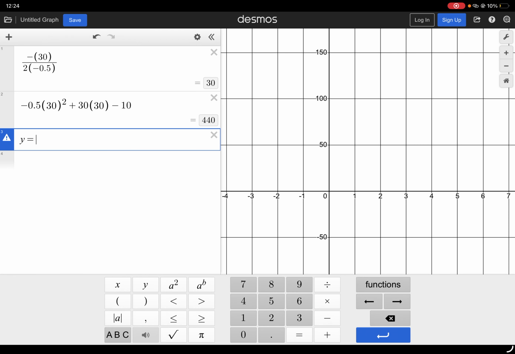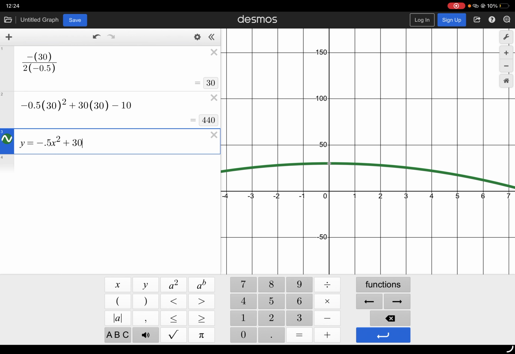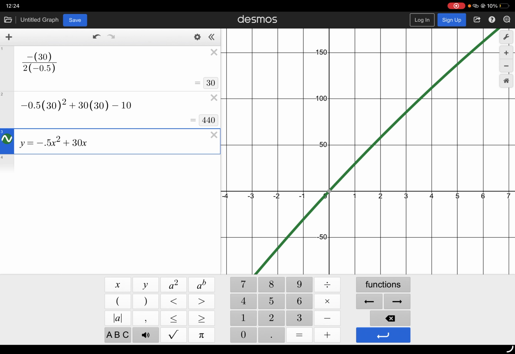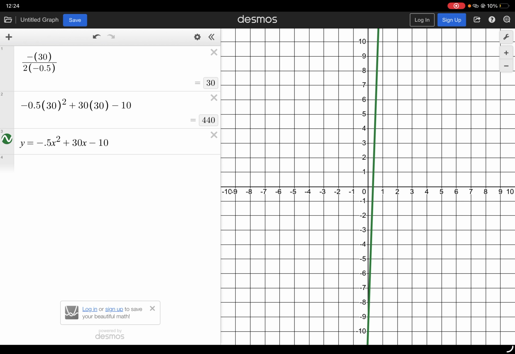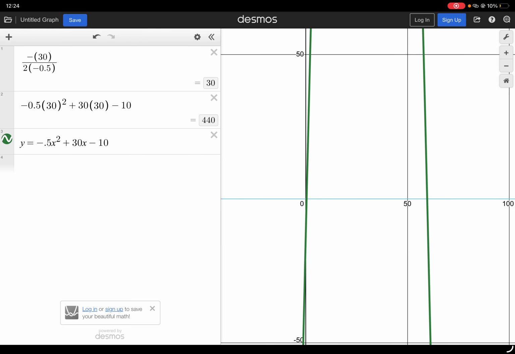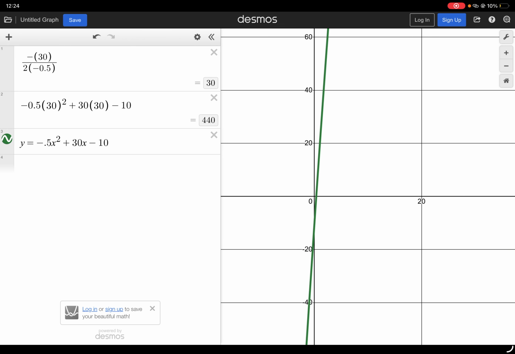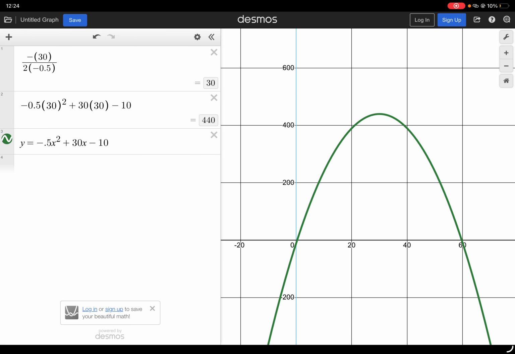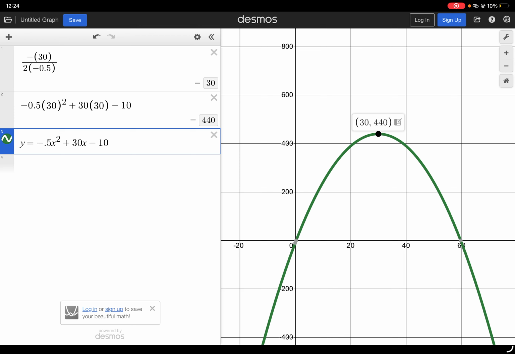Y equals negative 0.5 x squared plus 30x minus 10, and zoomed out vertically, you could have found the vertex, which is what we're looking for. We're just simply looking for the vertex.